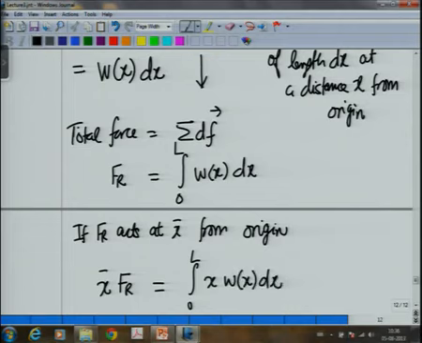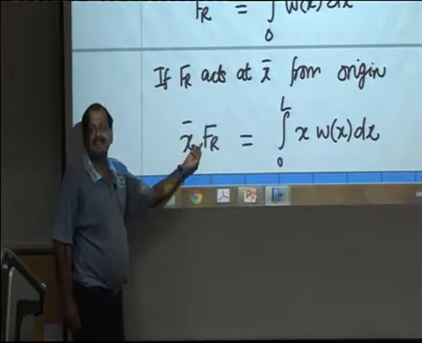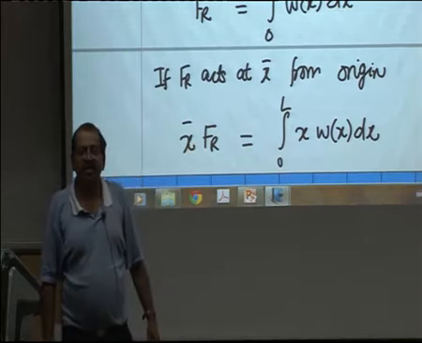Does everybody see how I got the last equation? The integrand here is the moment about the origin of this section dx. When I add it up, it is equal to taking the integral. So that is equal to the total moment because of this W of x, and this must be equal to x bar times Fr, if Fr is supposed to act at a distance of x bar.